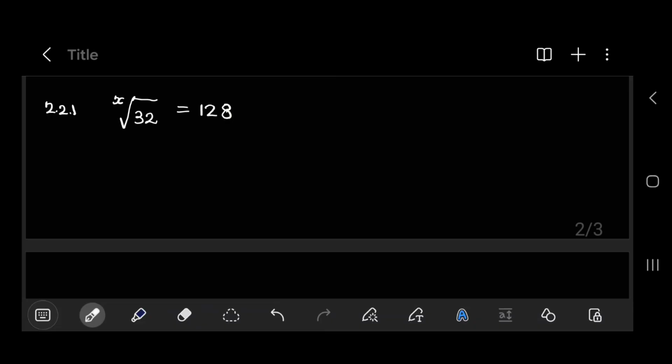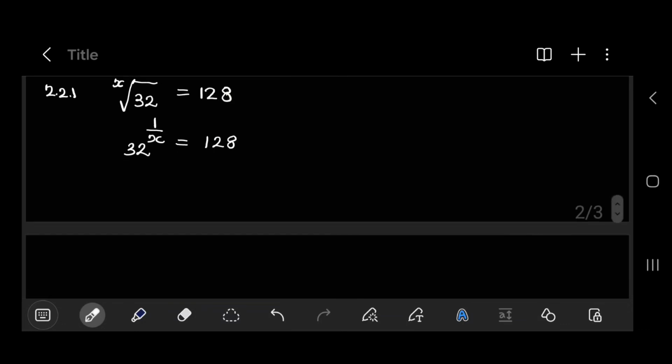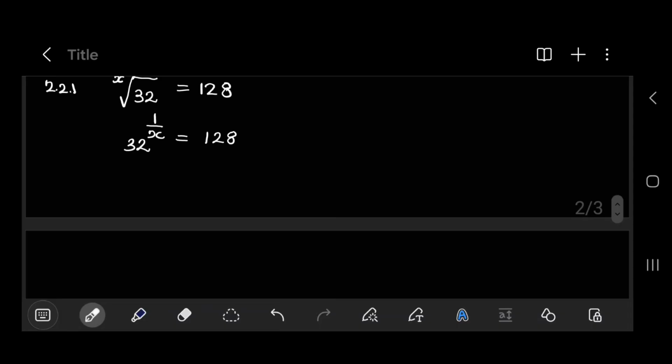Basically, we're going to rewrite this as 32 to the power of a fraction. Now how this works is, the exponent that was on the base goes in the numerator. So here it was just 32 on its own, which means that its exponent was 1. And the degree of the surd goes in the denominator. So here's how we're starting off. We rewrote the surd as a rational exponent.